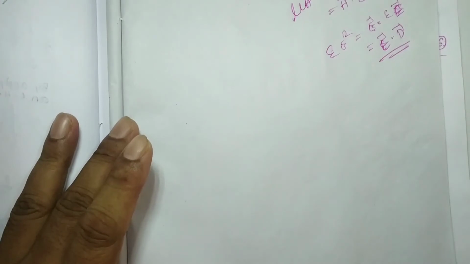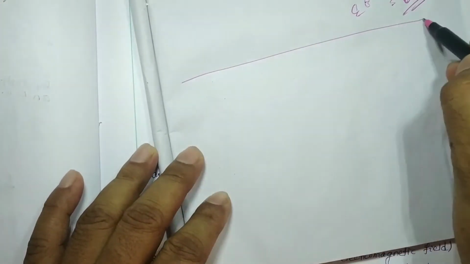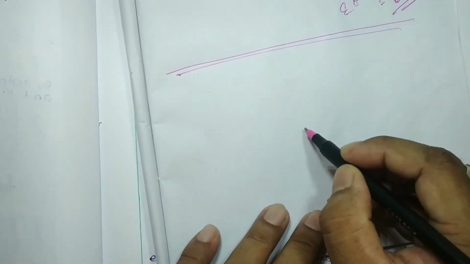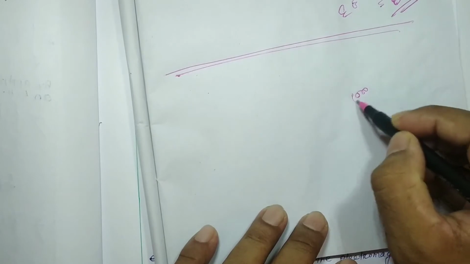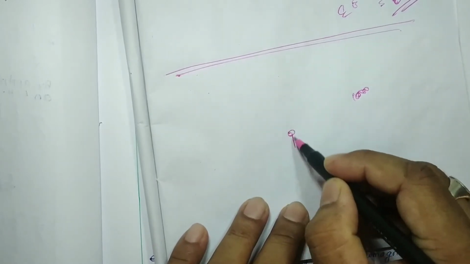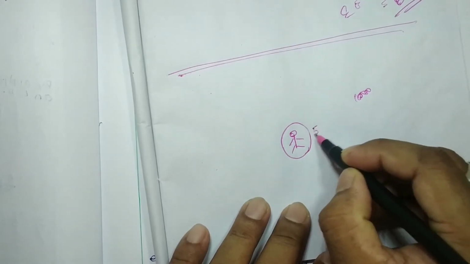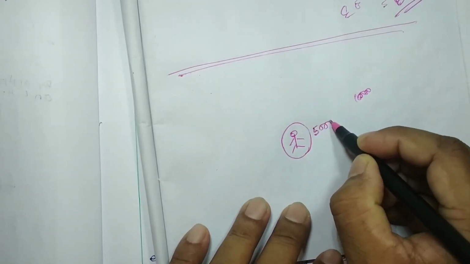Okay, so I can give you another example for this theorem. You just watch. Suppose your parent gives you 5000 rupees for your pocket money this month.